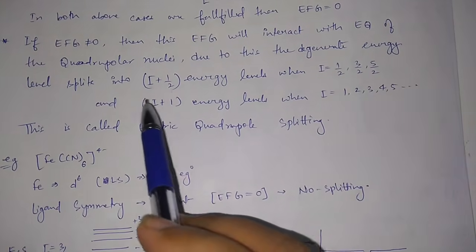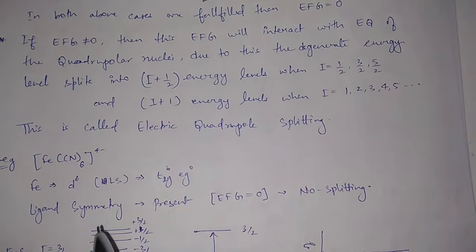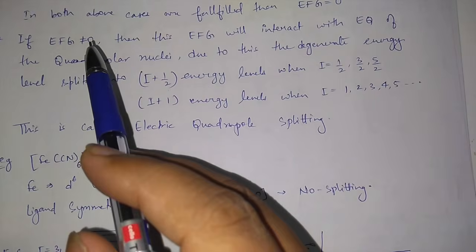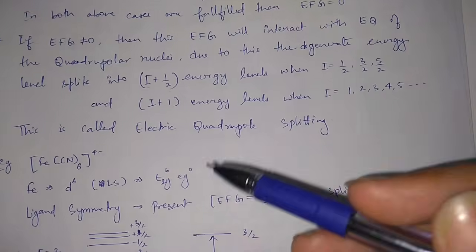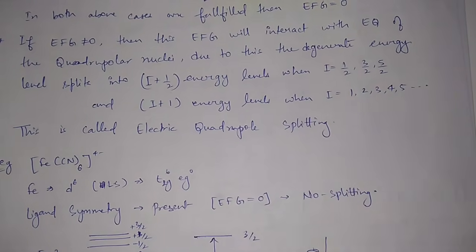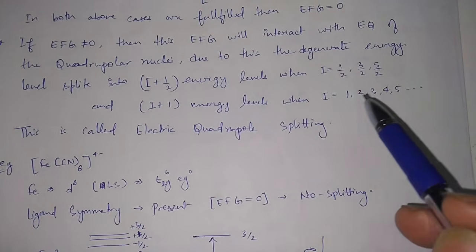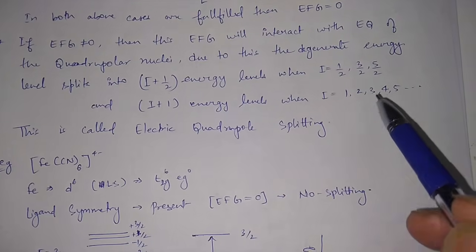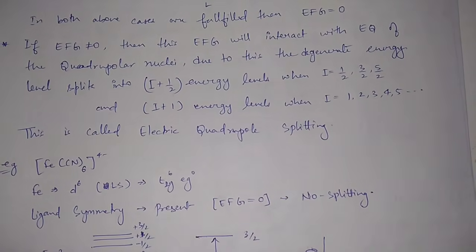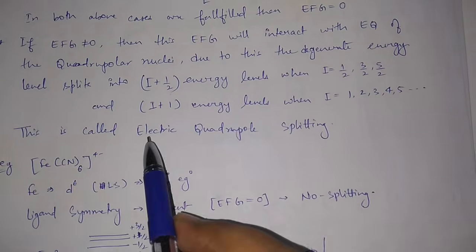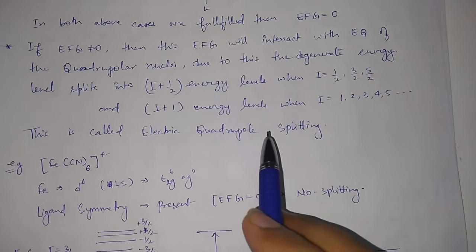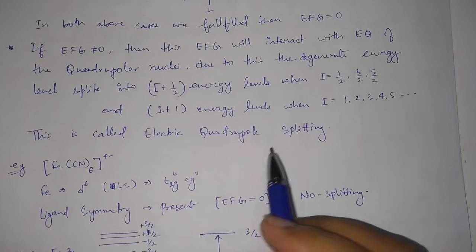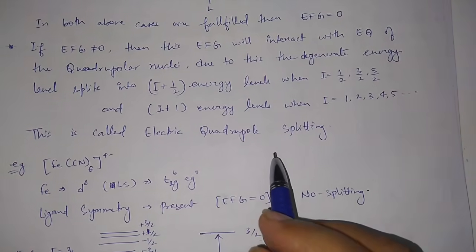So this formula will give you the number of splittings in the case when your electric field gradient is not equal to 0, that is, if ligand symmetry and electronic symmetry are not fulfilled. So in both of these cases, your energy levels will split into this number of lines, and this is called electric quadrupole splitting. This is also one of the important points, as it decides how many signals or how many peaks we will get.